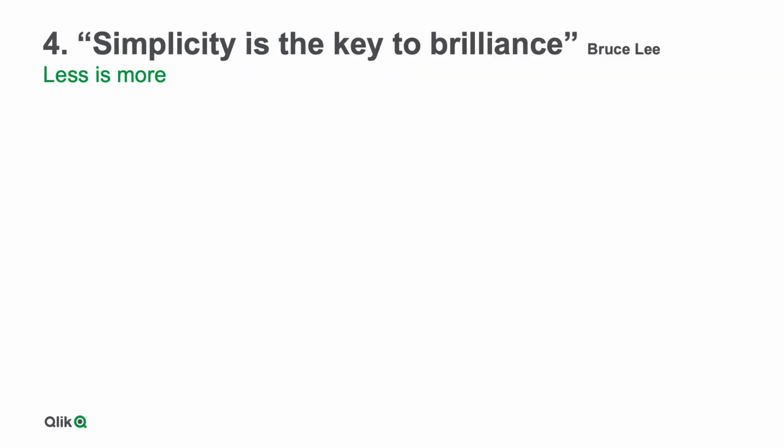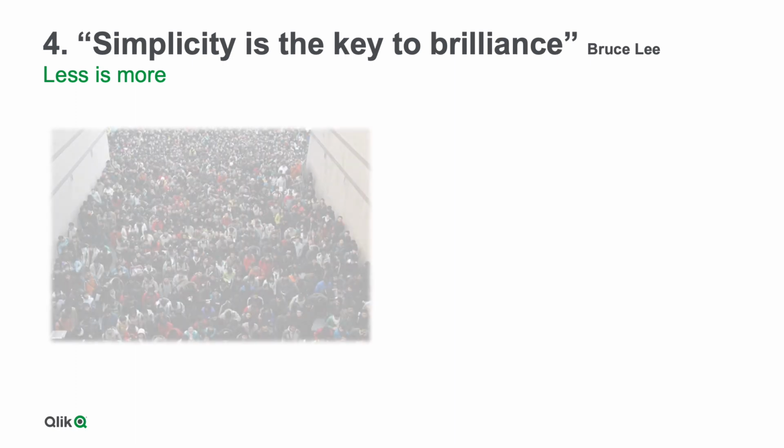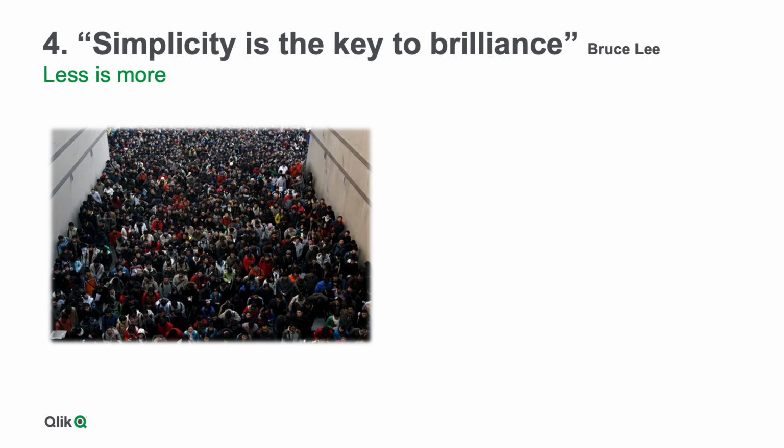Exactly. Okay, number 4. So one of my favorite quotes from Bruce Lee: simplicity is the key to brilliance. Now you've got this ability to overlay objects. There's a real temptation to cram in lots and lots of KPIs and different charts and so on. And we need to really be focusing on the key business questions.